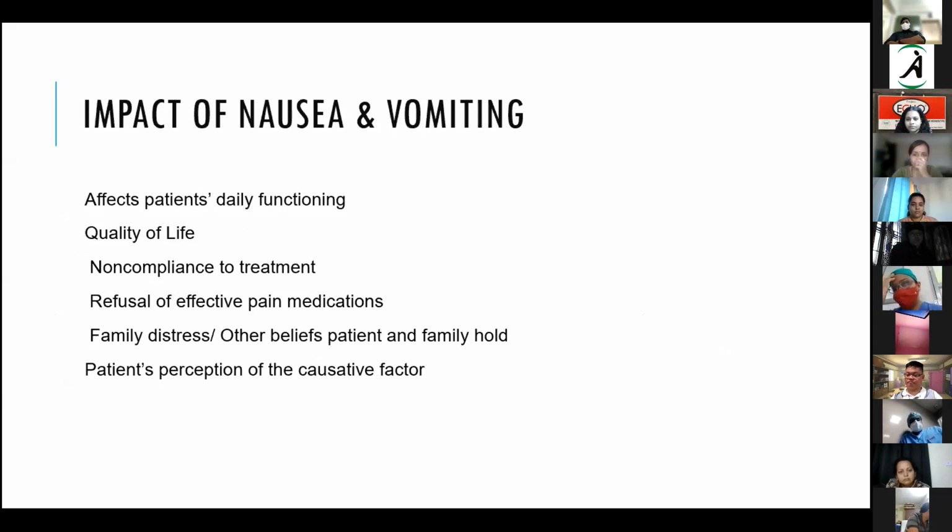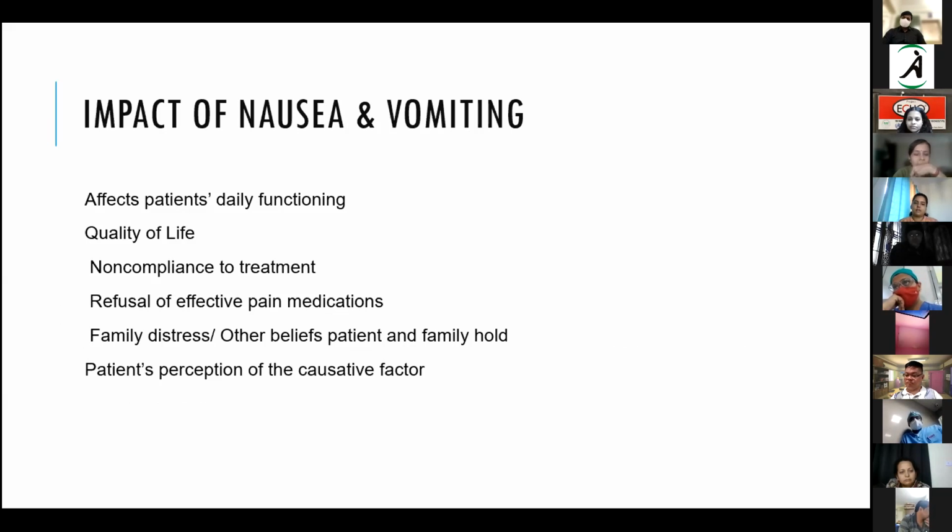It may also lead to non-compliance with treatment sometimes, because you might prescribe certain medications that cause nausea, and if it is not addressed well, they might stop all medicines and say there's no effect, I started having nausea and I just stopped everything. Or they may refuse effective pain medications because of the known side effect of nausea.